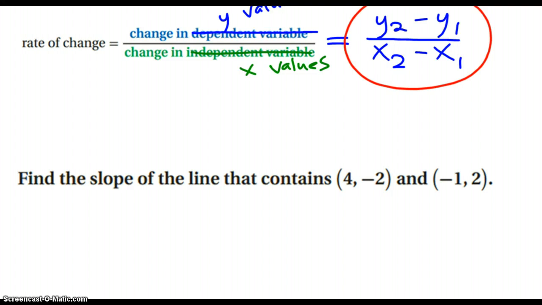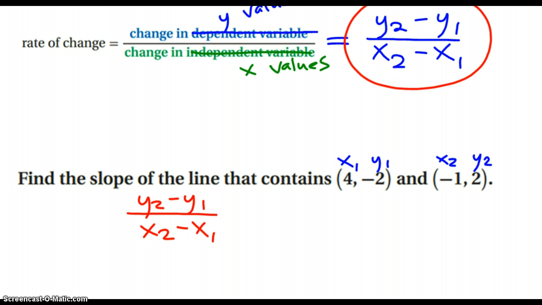Some people just like to go right in order. So this is my x1, this is my y1, here is my x2, here is my y2. And we can put it into our formula. So y2 minus y1 over x2 minus x1. Let's see what we get. So we just plug in what we've got.